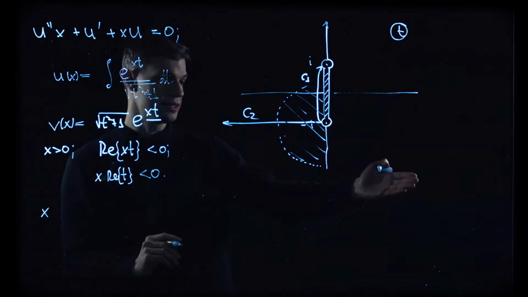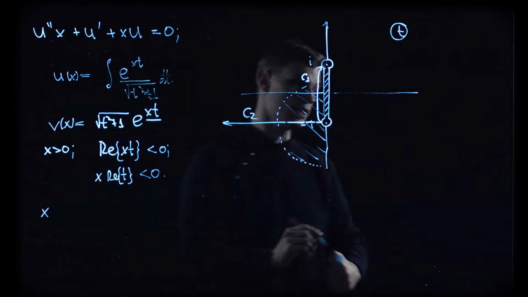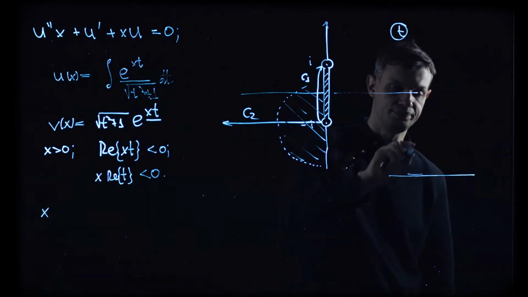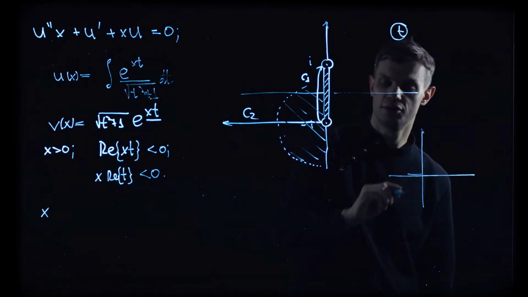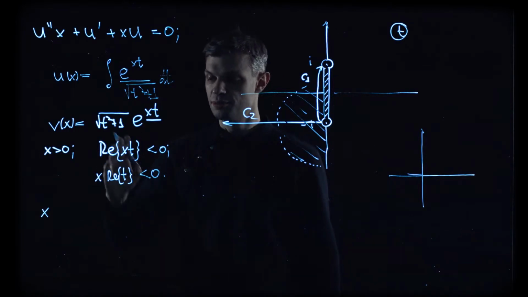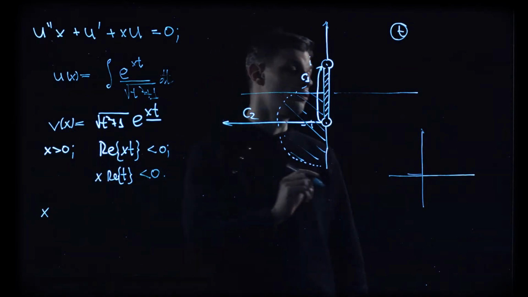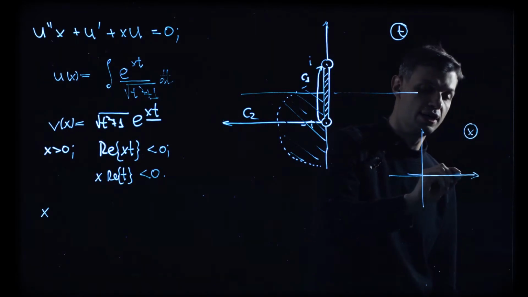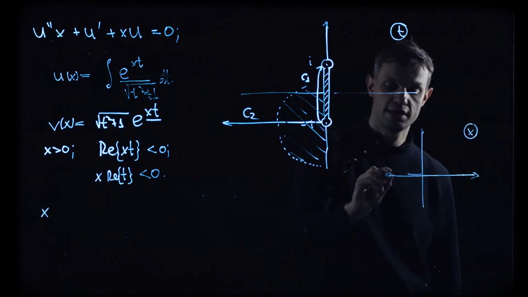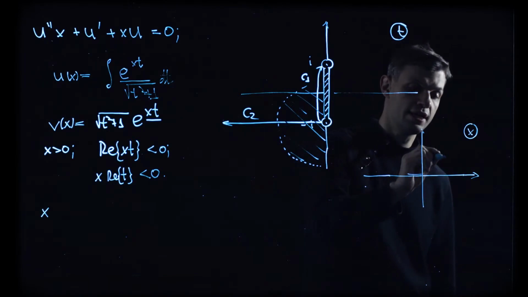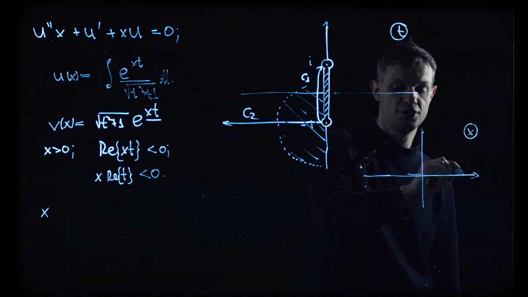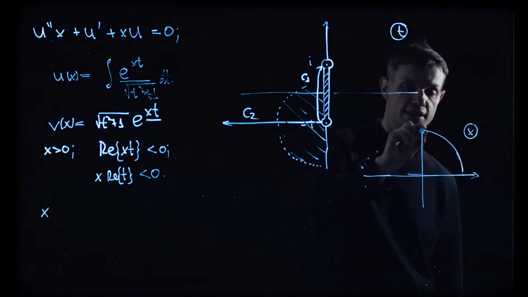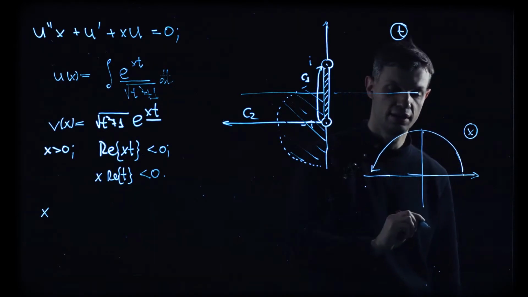Now, we'd like to ask ourselves, what's going to happen to this solution when x goes from plus infinity to minus infinity? It's better to go from plus infinity to minus infinity even in the complex plane of the variable x. So here are large positive x, here are large negative x, and say we go from large positive into large negative x via the upper complex semiplane, like that.